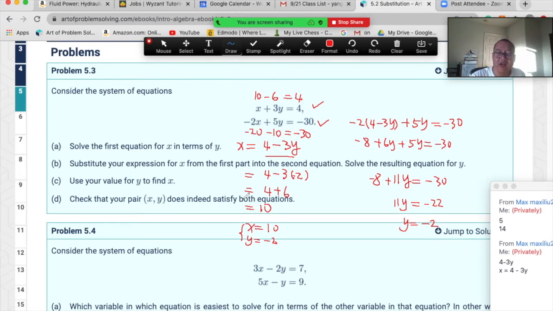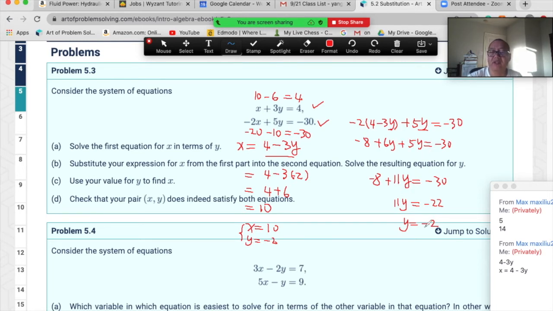You just solve x in terms of y from the first equation, then plug that into the second equation, making the second equation only related to one variable, y. Then you can use all the strategies we already learned in the previous chapter to solve a single variable linear equation.